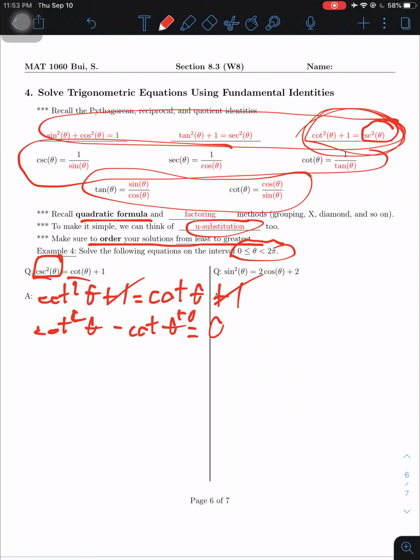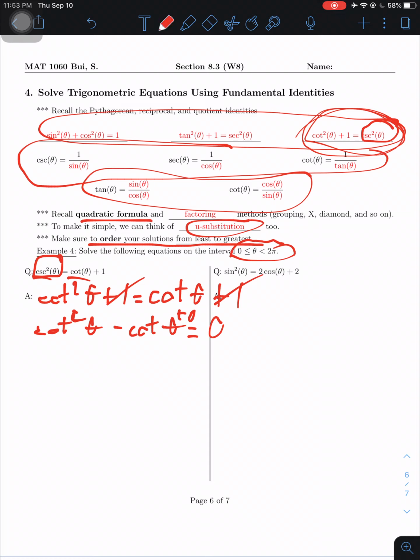Just imagine you have a 0 in here. You can think of it like x squared minus x plus 0, and in this case, x represents cotangent theta just like before. The bottom number would be 0, and the middle number, the -1, would be the top number. And then you keep going from there. However, there's actually an easier way than that, so I'm not going to do it this way. I'm going to do something else.